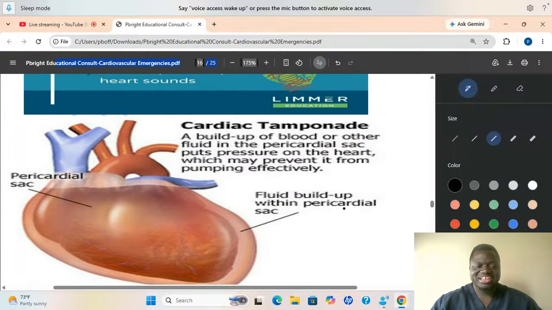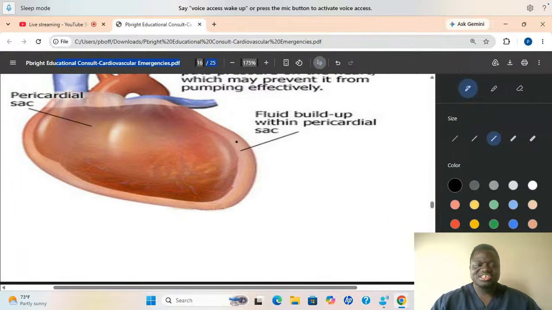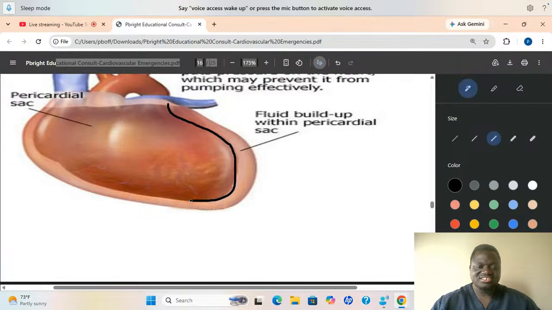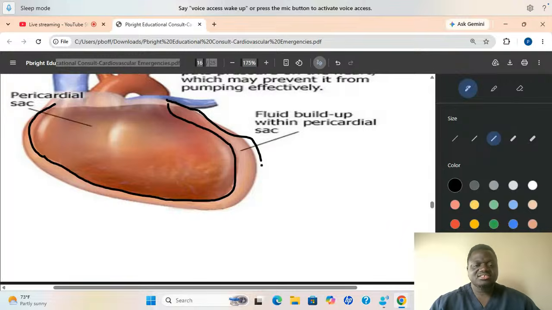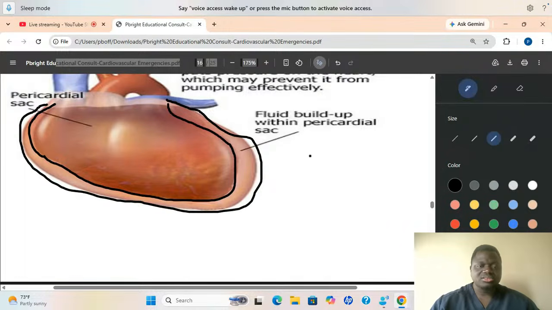Okay, so cardiac tamponade. If you see the pericardium, this is the heart. Okay, that's the heart. And this is the sac around the heart. We call it the pericardial sac.